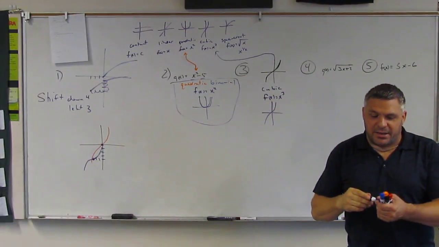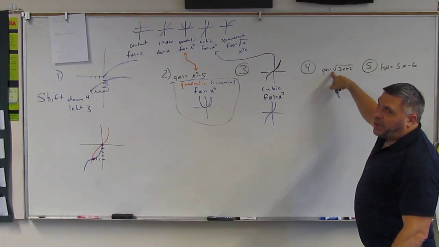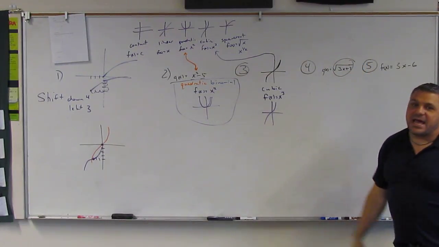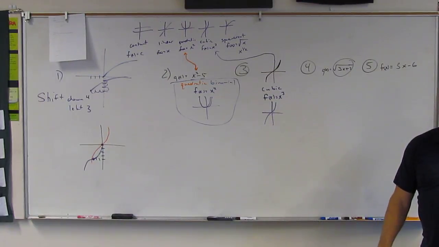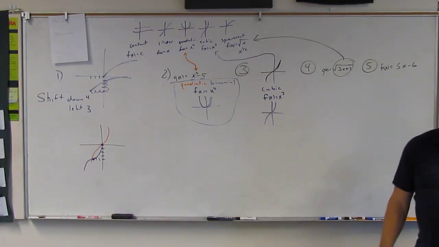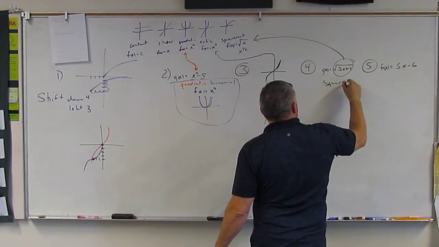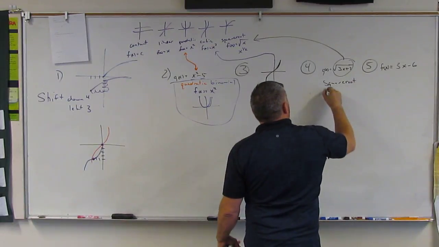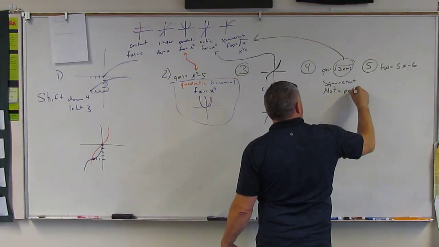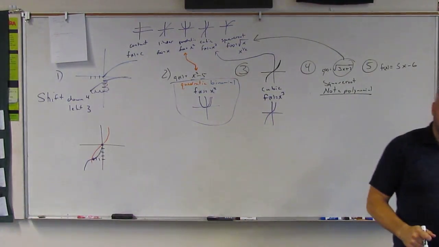Alright, moving on. Okay? This guy, there's a square root. Anytime you see a square root around an x, or a variable, you know that it's the square root. So, square root, it's not a polynomial. So you need to tell me that. Not a polynomial.